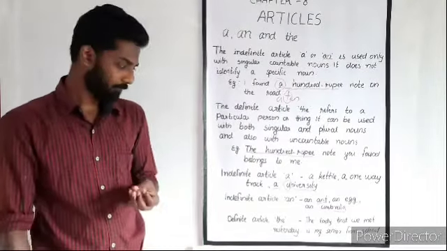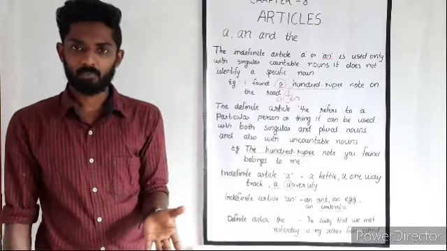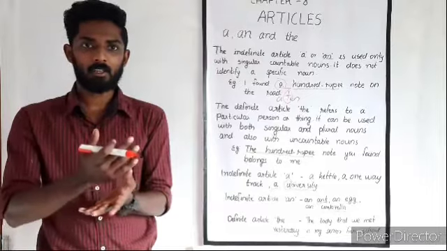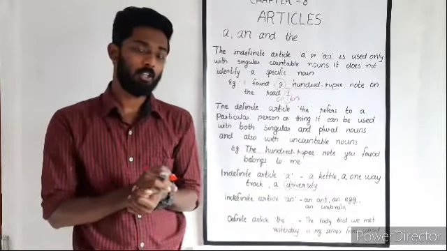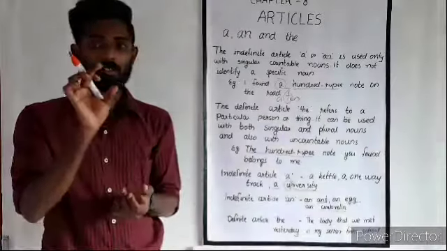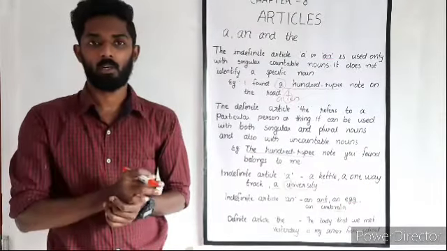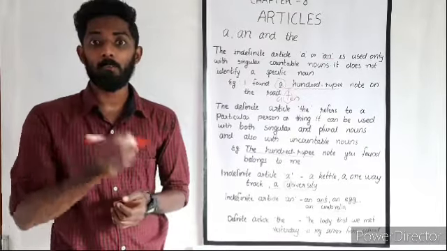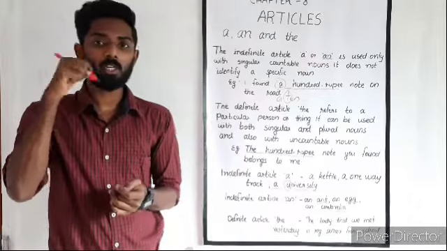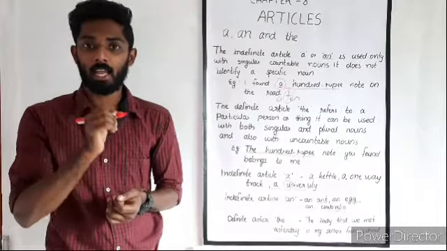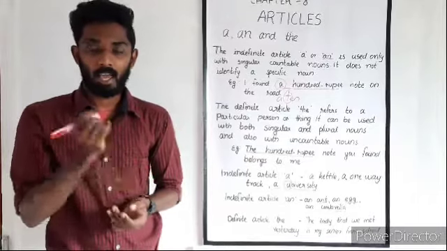For example, an MP, an MLA, an MA. All these words, though the letters are consonants, the sound is a vowel. For example, MP sounds like it begins with a vowel: an MP, an MLA, an MA.